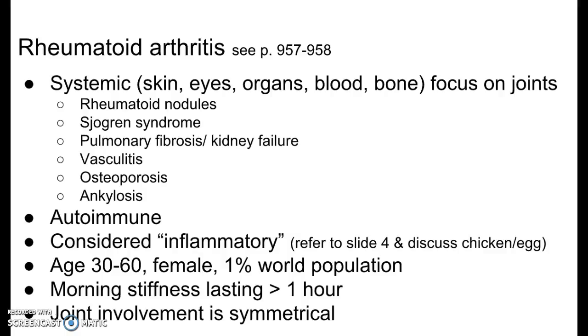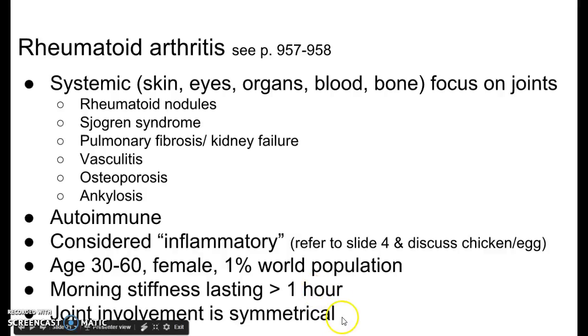So someone wakes up feeling probably pretty good, and then as they go throughout the day with osteoarthritis, things are going to get worse. The more they use that joint, the stiffer it's going to get. Not so with rheumatoid. Their worst time is in the morning. They're going to wake up feeling very stiff and maybe even unable to get out of bed. And so one intervention for that is a warm shower, trying to loosen everything up.